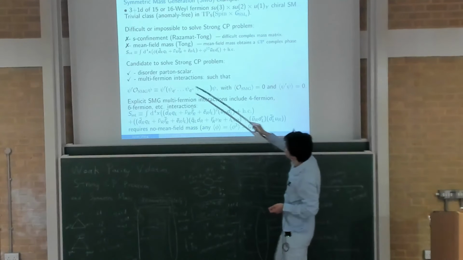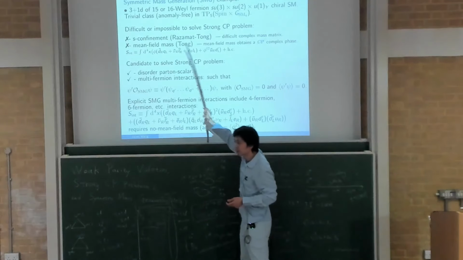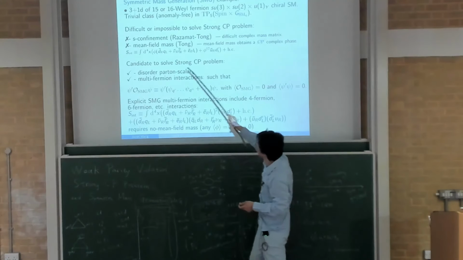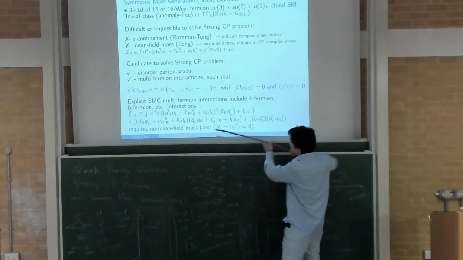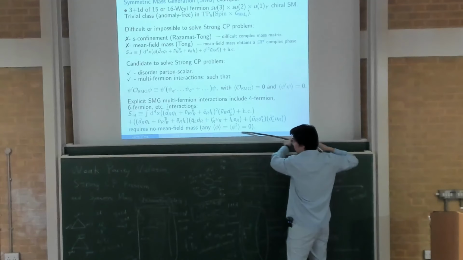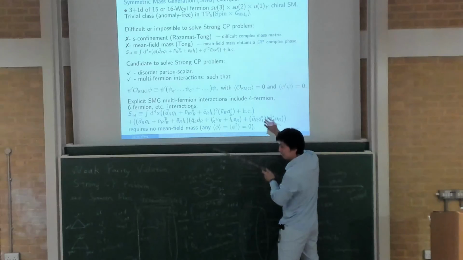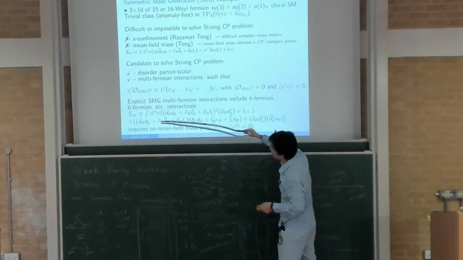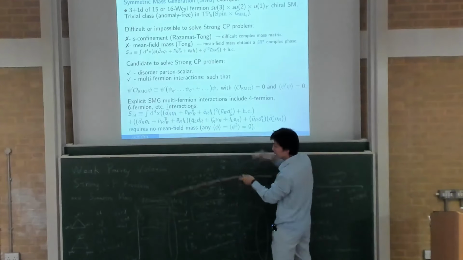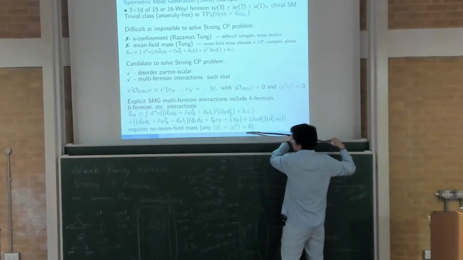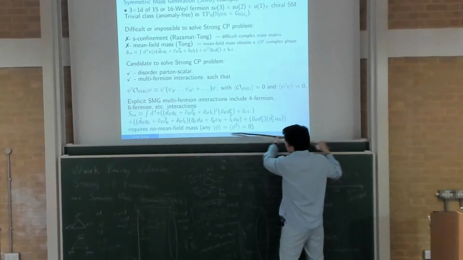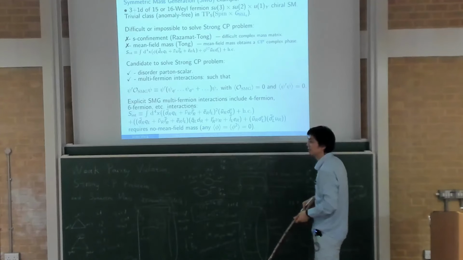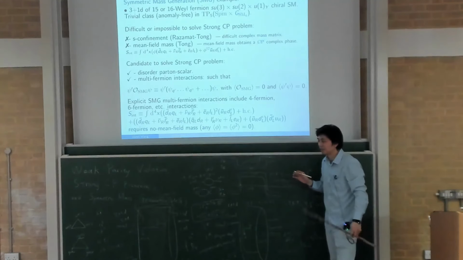So phi does not have an explicit mean field mass or expectation value, but the expectation is 0. Then I can apply the chiral rotation on the quark again, and it can also rotate the theta, but it doesn't contribute to this one because it does not have a VEV. Yeah, the idea is like this.